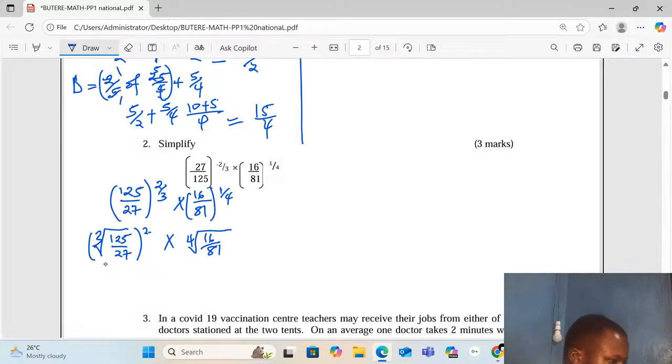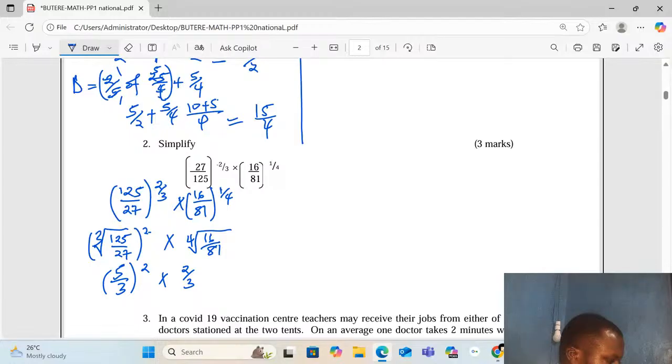So the cube root of 125 is 5, and that of 27 is 3. Then we square, then we multiply by the fourth root of 16, which is 2, over the fourth root of 81, which is 3.